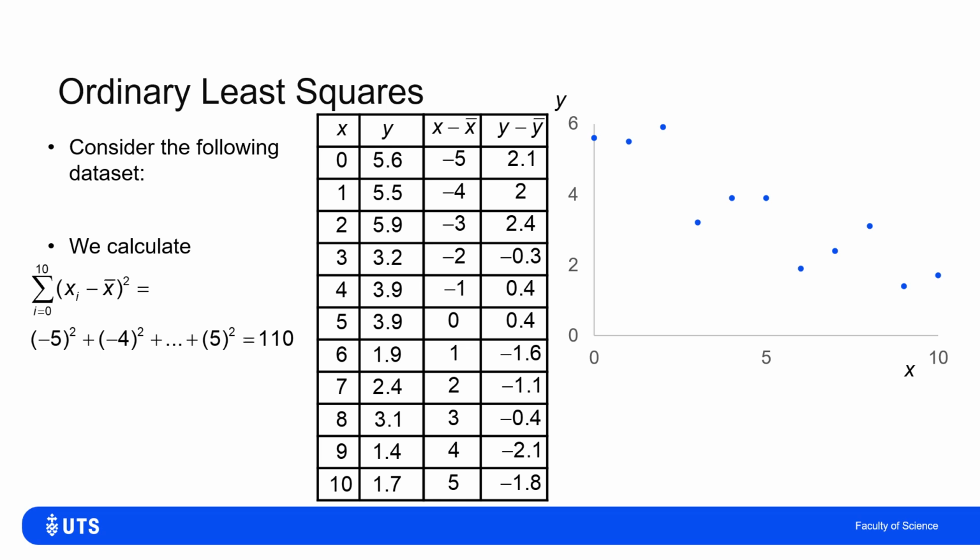And that sums to 110. And if I take the product of the last two columns, so minus 5 lots of 2.1, minus 4 lots of 2, minus 3 lots of 2.4, then I'm claiming that that sums to minus 47.9.